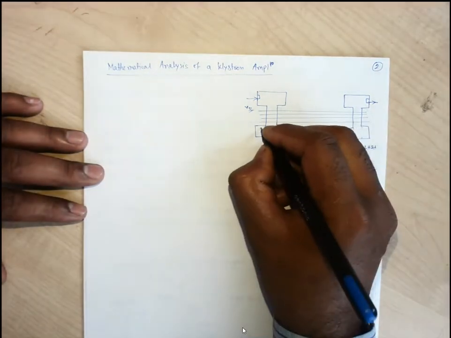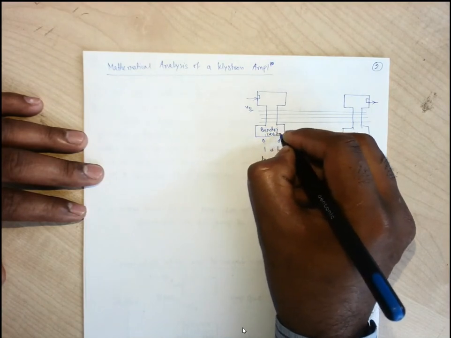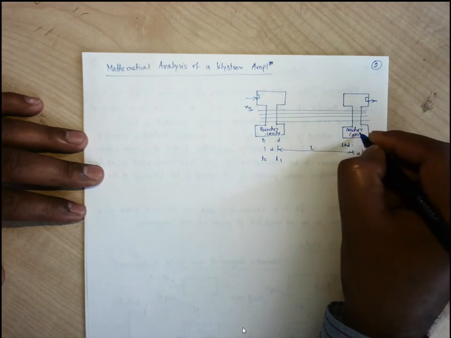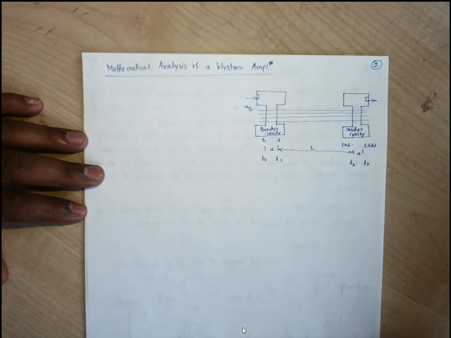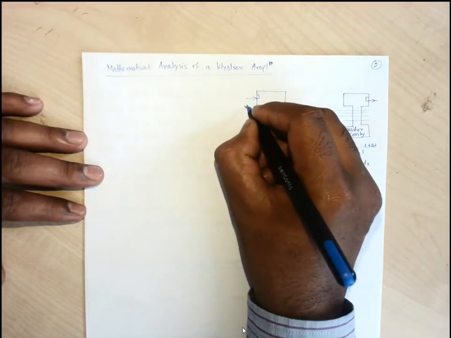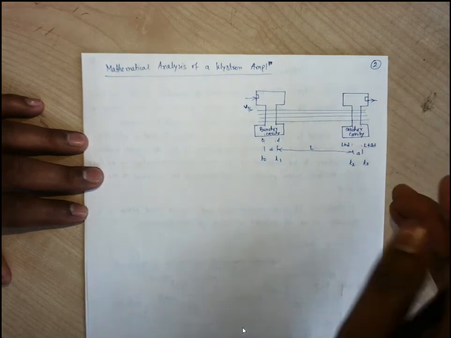This is the buncher cavity. This is the catcher cavity. So this is the velocity. Let us write it with small v, v0.